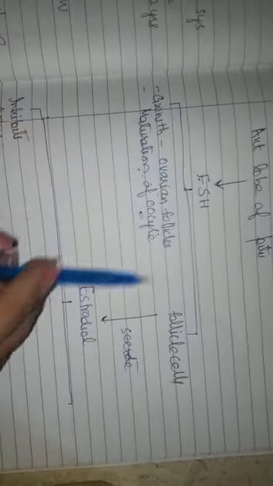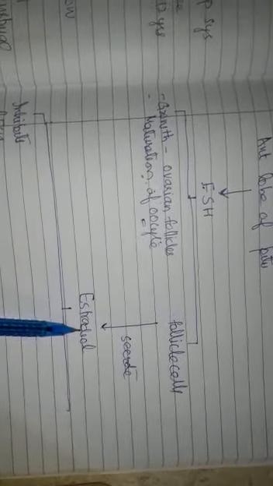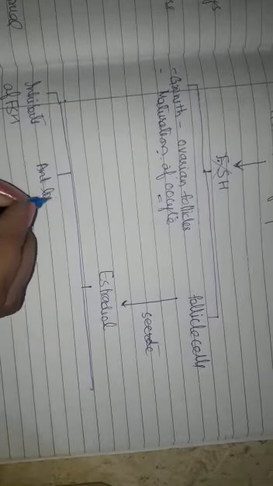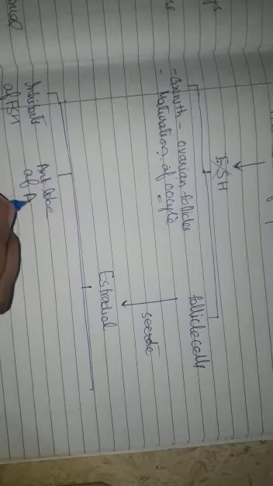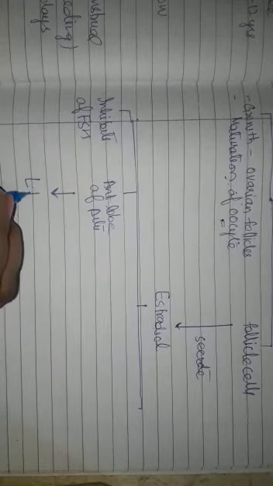What are its functions? Number 1, it inhibits the secretion of FSH. FSH was being released, and now FSH has stimulated the secretion of estrogen. Now this secretion of estrogen inhibits the secretion of follicle stimulating hormone, and it stimulates the anterior lobe of pituitary to secrete another hormone, that is luteinizing hormone.